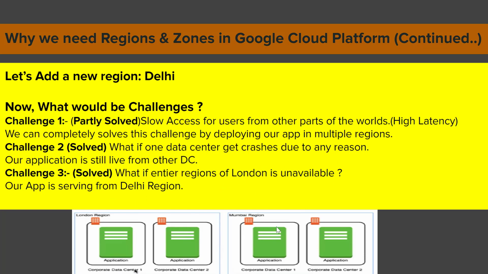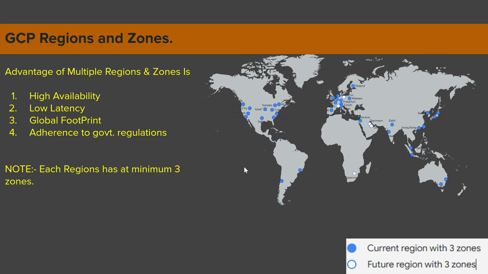So these are the reasons we need multiple regions and zones in any public cloud. Now we talk about the GCP regions available. As we can see in this map, these blue dots are the current regions with a minimum of 3 zones. Let's suppose this Delhi region has 3 zones, just like we can say asia-south 1a, b, c.